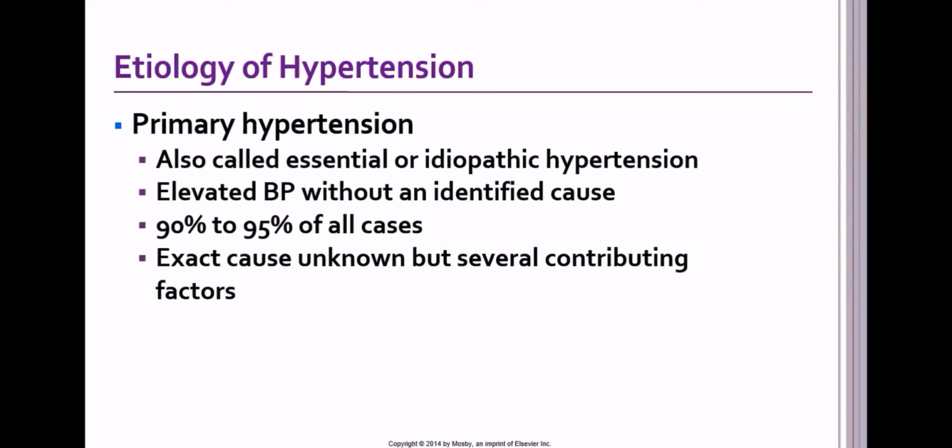These include changes in the endothelium function related to either vasoconstricting or vasodilating agents, increased SNS activity, overproduction of sodium-retaining hormones, increased sodium intake, greater than ideal body weight, diabetes, tobacco use, and excessive alcohol intake. So those are all certain factors that could lead to primary hypertension.